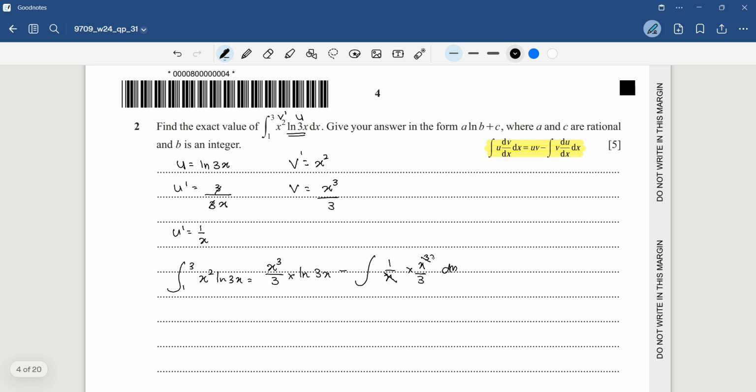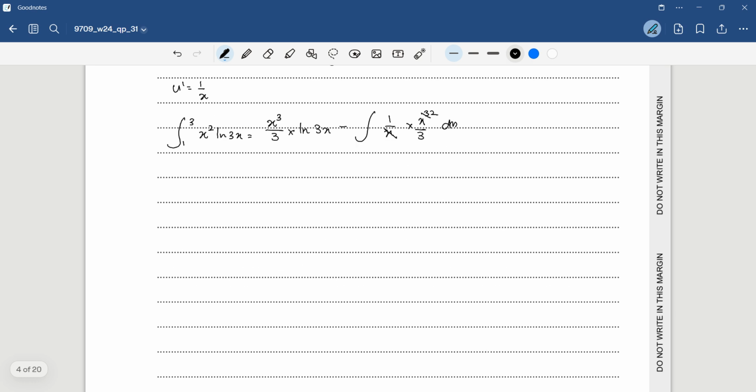You cancel, you get x squared. Therefore it's going to be x cubed ln 3x over 3 minus, if I integrate x squared, you will get x cubed over 3 times 3, 9. And the limit is 1 to 3.